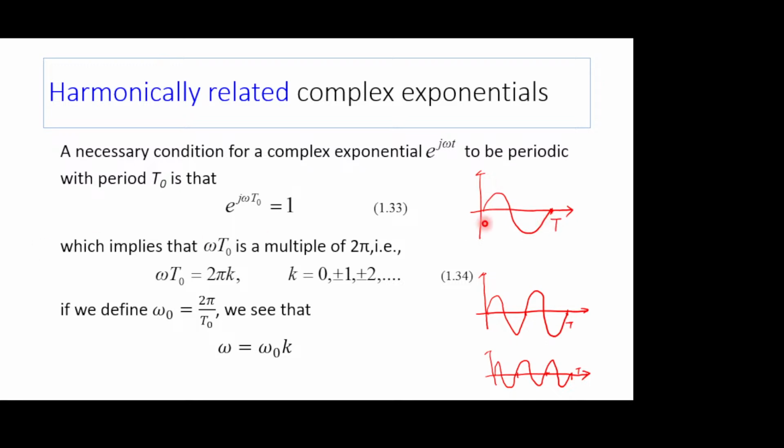Right? So this is like sine omega t. But remember, we said that if something is periodic with period big T, then it's also periodic with period 2 big T. So if we shift that statement around, if something has double the frequency, it's also periodic with period big T. And if we triple the frequency, it's also periodic with period big T. So there are a lot of complex exponentials that have big T as one of their periods.